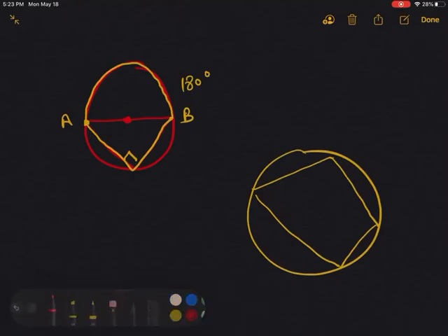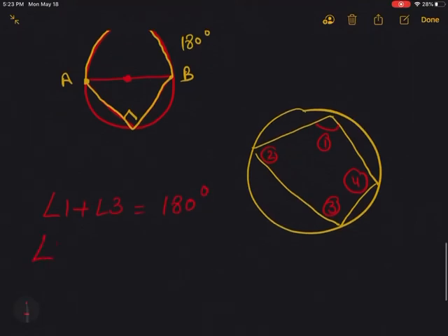So let me say angle 1, angle 2, 3, and 4. Angle 1 plus angle 3 would be supplementary, or equal to 180. And same as angle 2 and angle 4 would also be equal to 180 degrees. And all four angles always add up to 360 degrees. So these are a few properties you could always use to make your life easier.